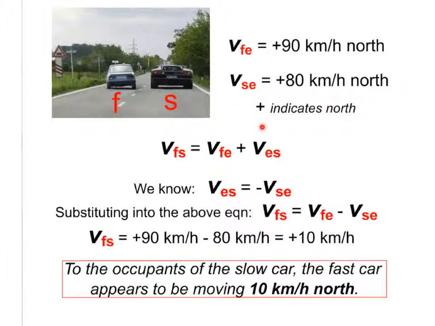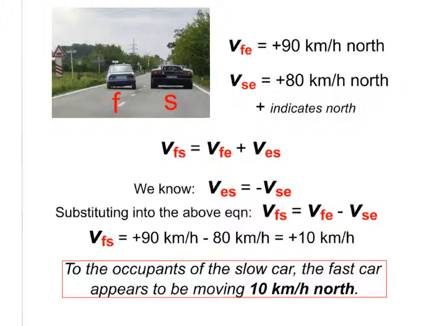If you'll notice, the velocity of Earth with respect to the slow car is just the inverse of the velocity of the slow car with respect to Earth. Therefore, we can substitute this idea. We can say the velocity of the fast car with respect to the slow car is equal to the velocity of the fast car with respect to Earth minus the velocity of the slow car with respect to Earth. That will give us our answer.